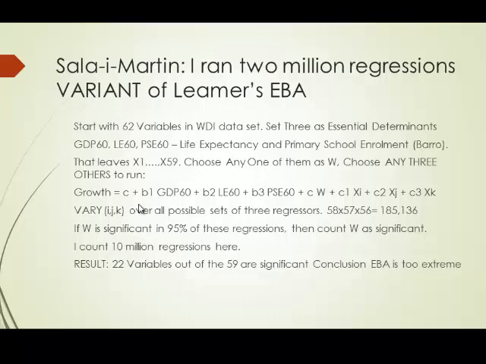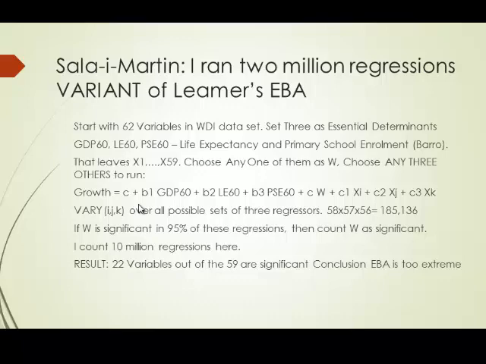But he makes 2 deviations from Leamer. One is that if you include all possible variables, at that time it was still beyond the capabilities of the computers. It would run for days. So instead, he said that I'm not going to put in all variables, I'm just going to put in 3 variables from the remaining 58 variables.